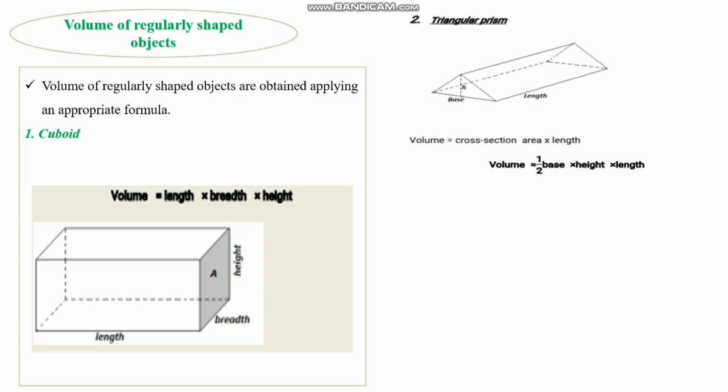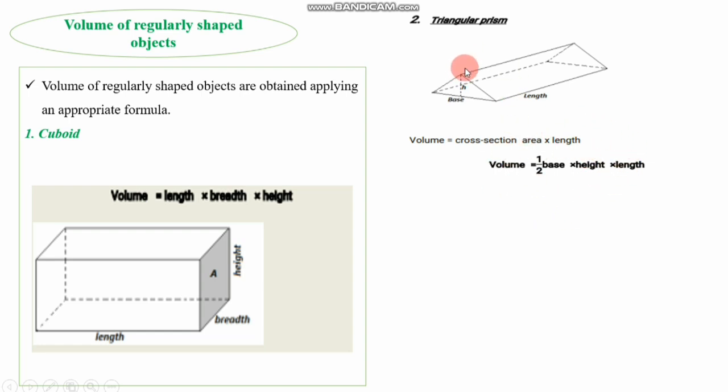The next solid is the triangular prism. We can calculate its volume by a half times cross-sectional area times length. A half base times height times length. Remember, a half base times height is the area of the triangle.